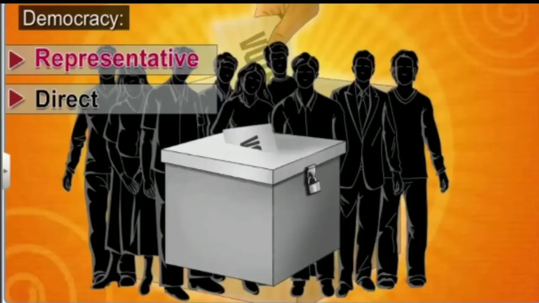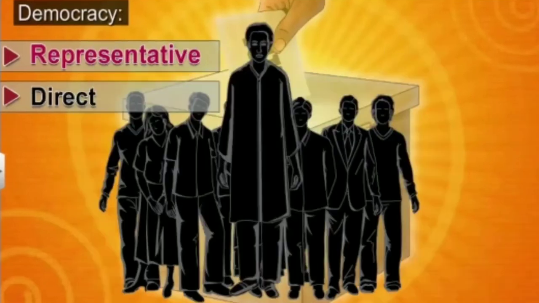Now let's look into two types of democracy, that is, representative democracy and direct democracy. In representative democracy, the people will elect representatives for themselves, and those elected representatives will form a government.